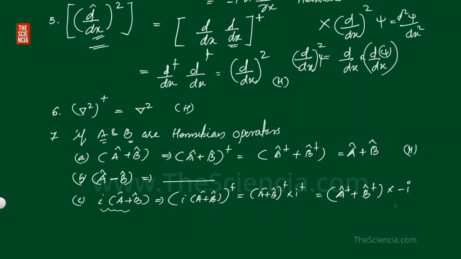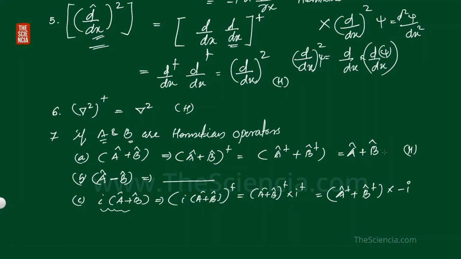Sorry, dagger is the conjugate transpose. So first you have to take the conjugate of that term, then we have to take the transpose. Transpose in the sense that if it is a matrix, then we change row into column and column into row.